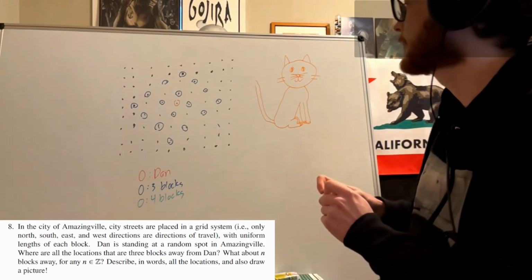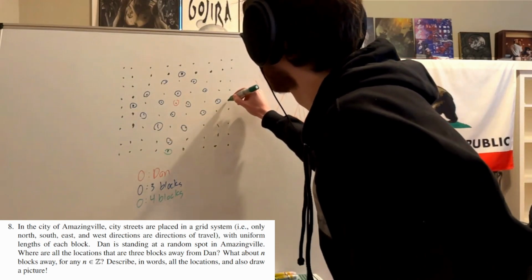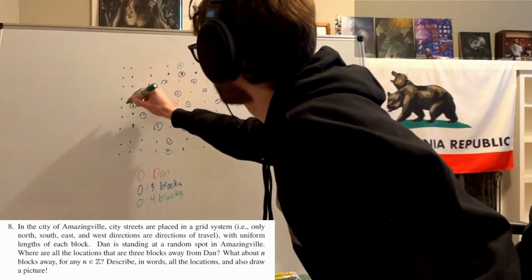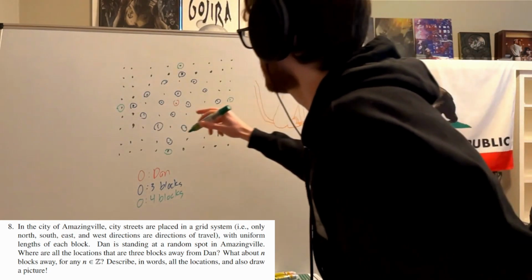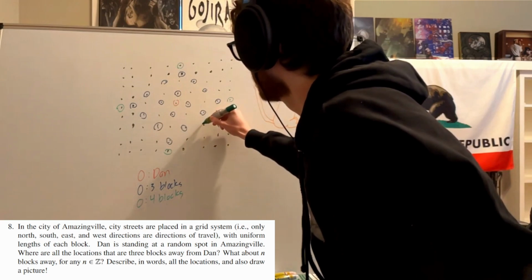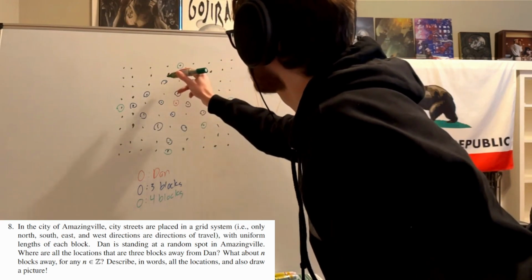Okay, so if we travel 4 blocks, let's do the easy ones. Going straight in each direction. Then let's maybe look at 2 by 2. So down 2, right 2. Right 2, up 2. Up 2, left 2.